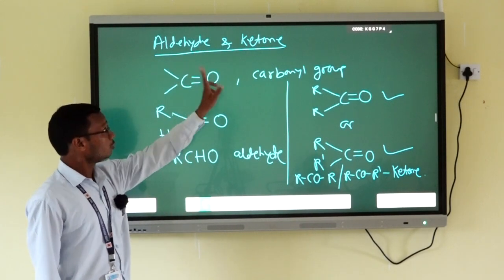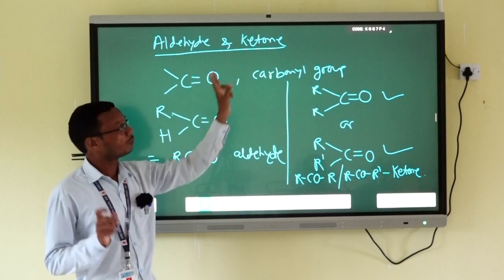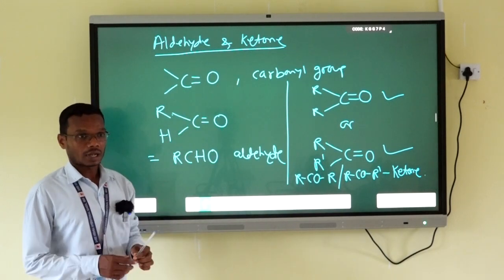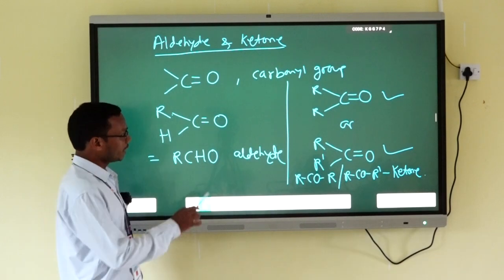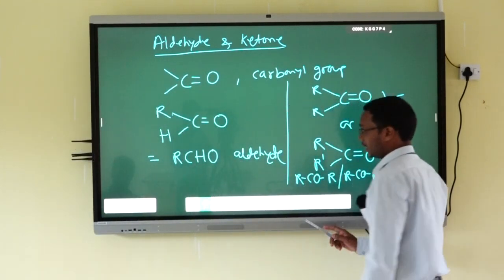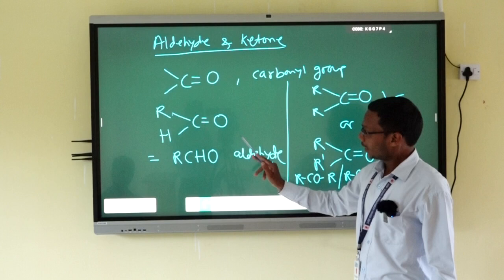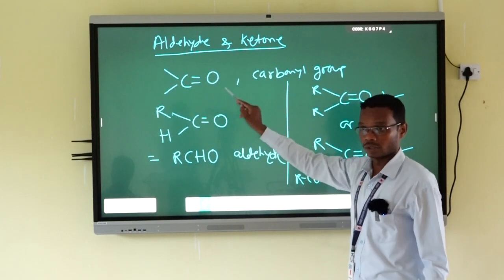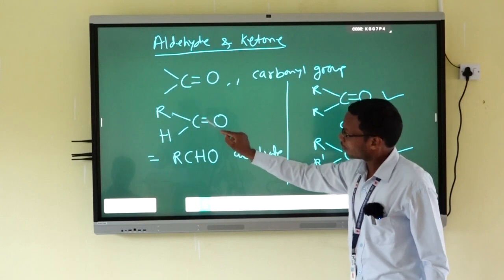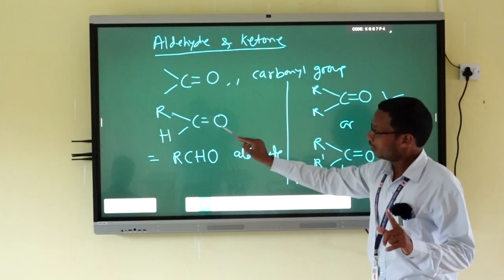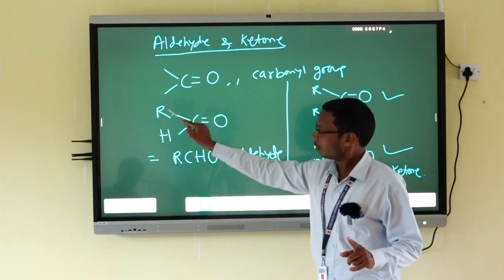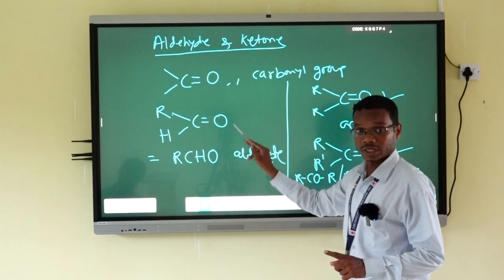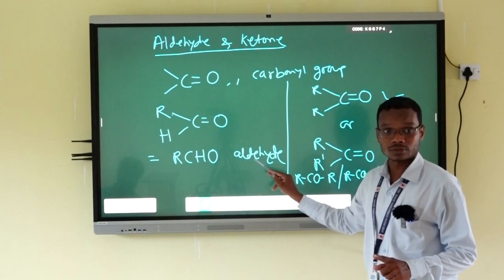So when you consider aldehyde and ketone, first you have to learn the carbonyl group, that is the CO group. How to define aldehyde? If the carbon atom of the carbonyl group links with only one alkyl group, that is R, then this new group is called aldehyde, that is RCHO.